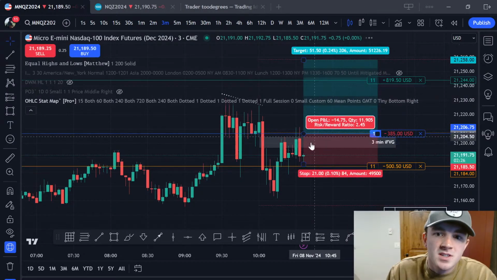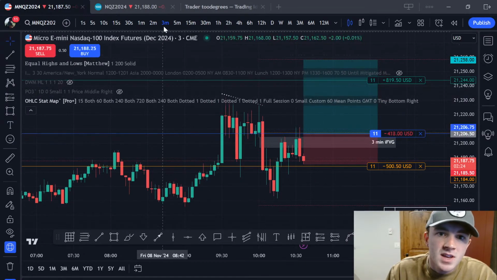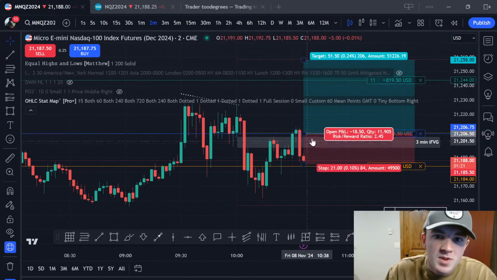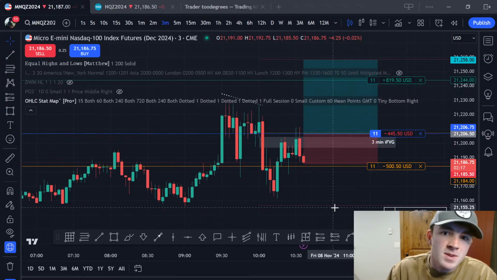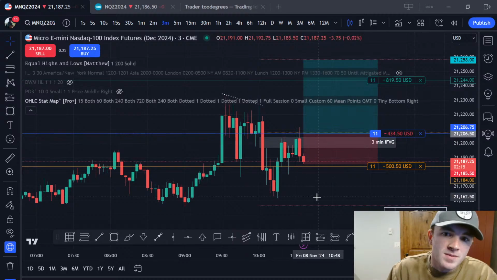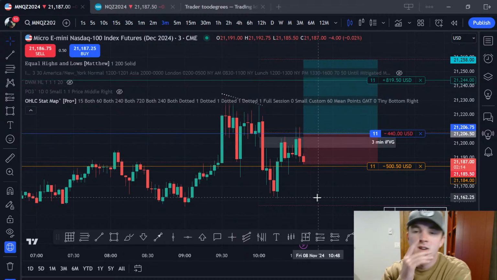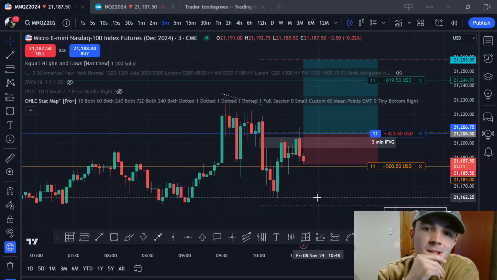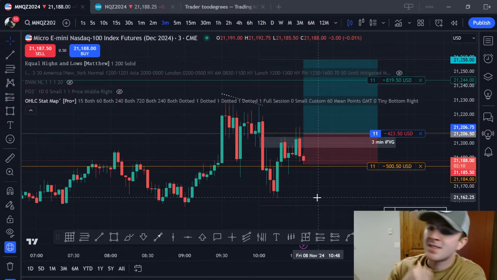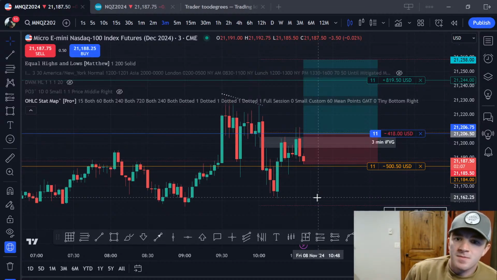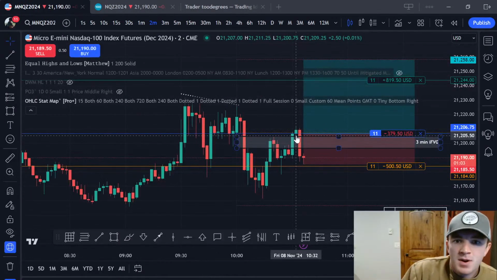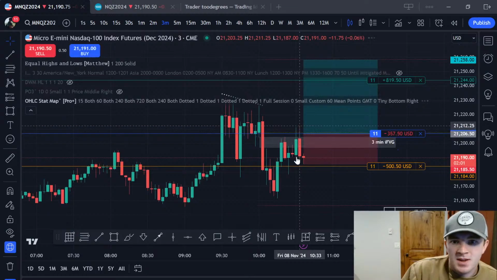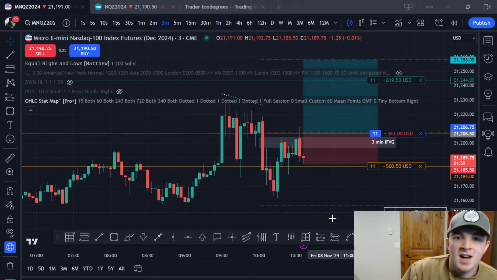Okay, this is the issue with this trade. Yes, the 2-minute closed above, but the 3-minute didn't close above. So you can't enter on a 2-minute if the 3-minute's not closed above. That's an important thing I need to remember. Because yeah, we closed above on the 2-minute, but on the 3-minute, this is a wick. Like I said, I'm just still learning.